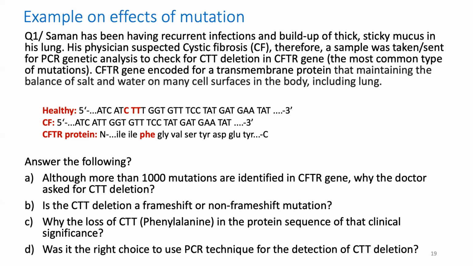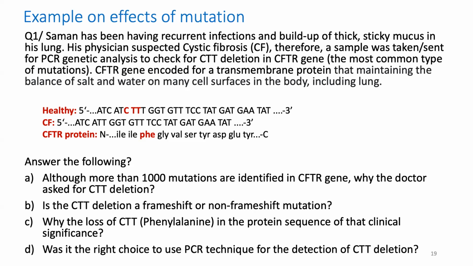Therefore, the doctor suspected cystic fibrosis. Since cystic fibrosis is a genetic disease, he took a sample and sent it to a molecular diagnostic lab, and said, I want PCR genetic analysis for the CTT deletion in the CFTR gene.